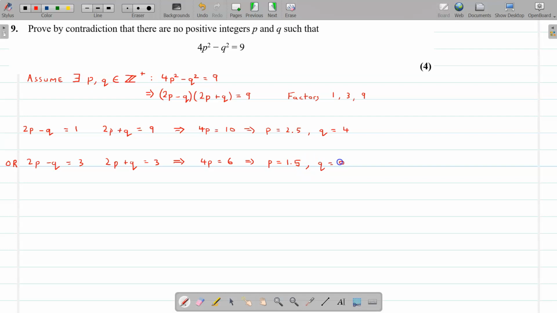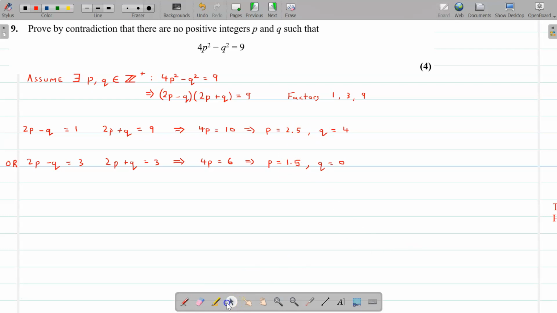So what we've done is we've solved the equations simultaneously, and in each case we've shown that p would not be an integer. So that's the mathematical part of it and the algebra. We've shown that in both cases p is not an integer.